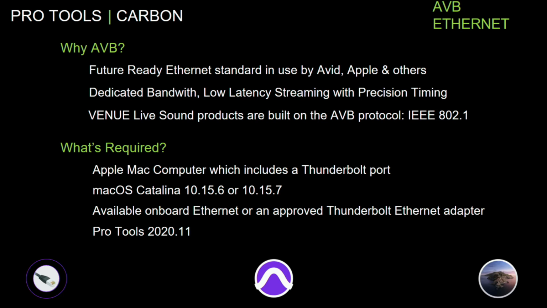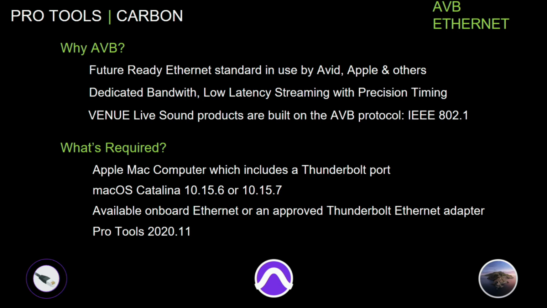Because AVB is built into Mac, means we can support it straight away. But we hope to support Windows computers in the future.